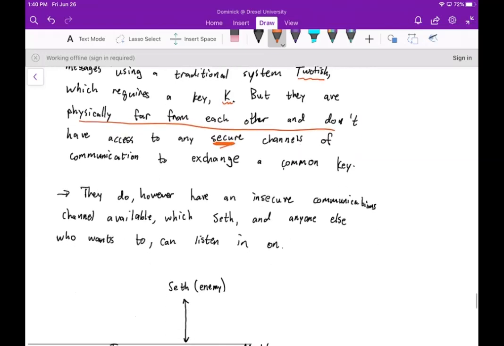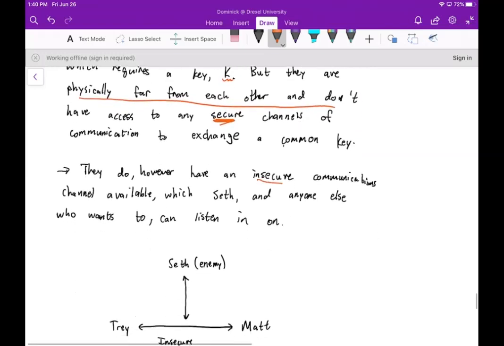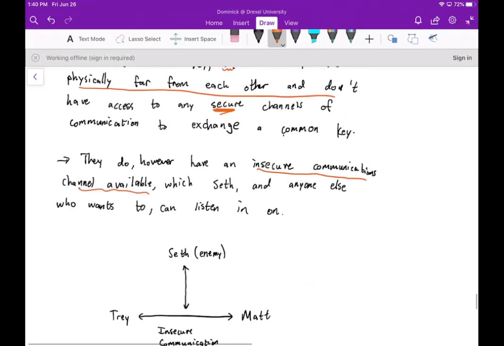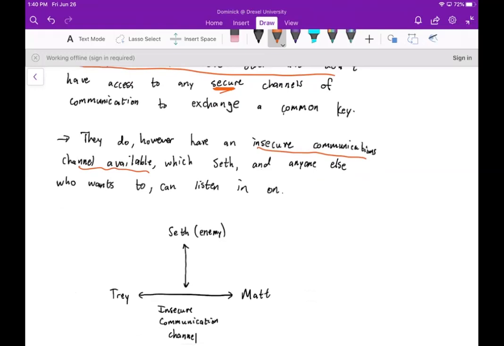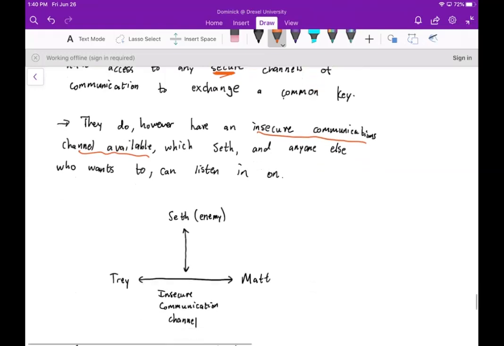Now, they do, however, have insecure communications available, right? And this could be something like email or Facebook or Instagram or even postal mail. Now, Seth and anyone else who wants to can listen in on any of this insecure communication in some way, right?